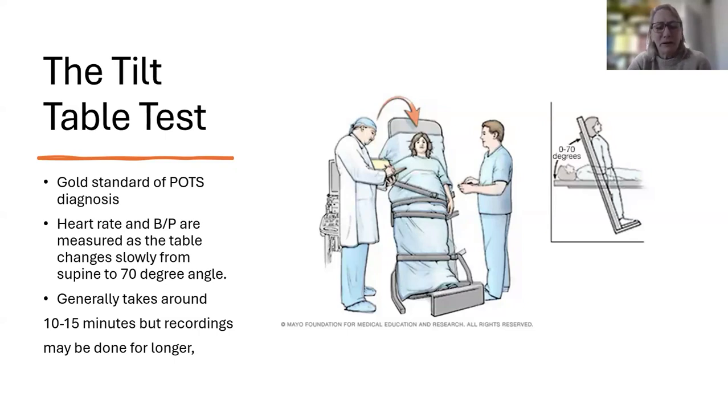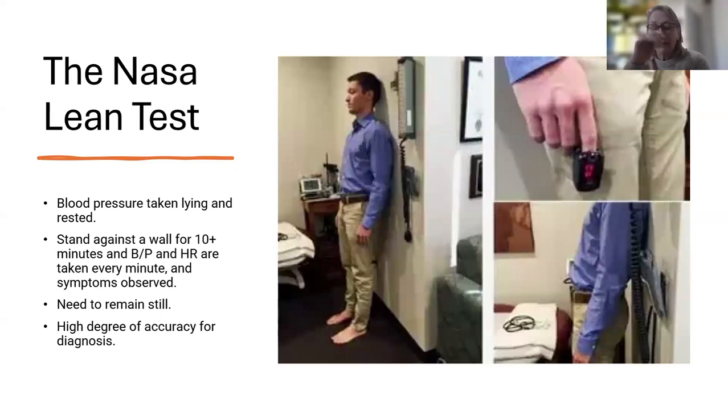If neurally mediated hypertension is suspected, then you would be left in that position for longer, and recordings would be done more often, and probably for up to 45 minutes. So that's the tilt table test, which is recognised as the gold standard.